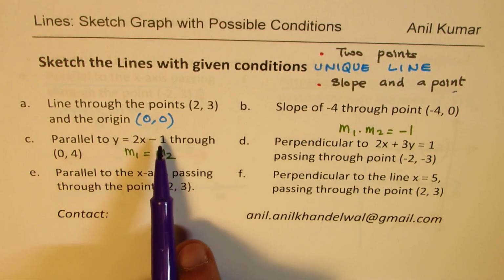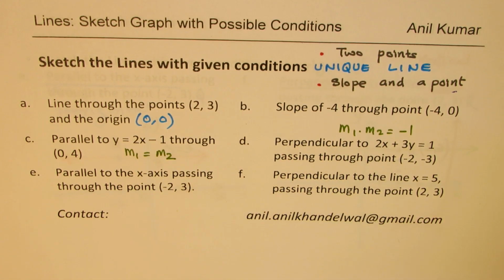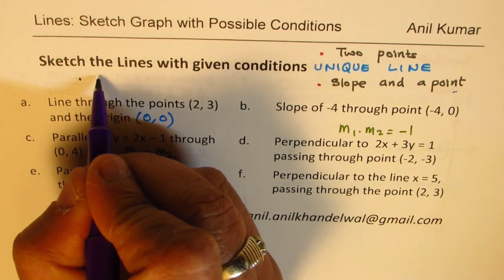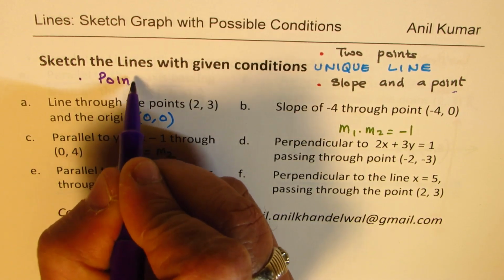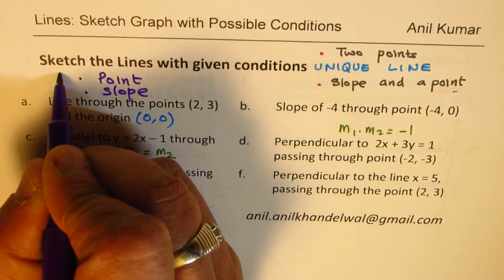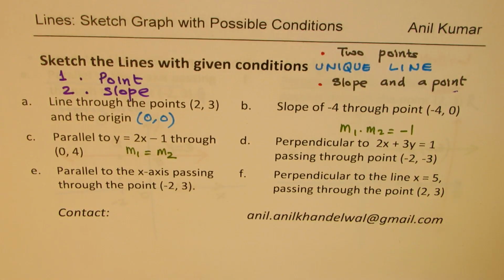Sometimes they will say parallel to, that gives you a slope. Perpendicular to also gives you a slope. Perfect. Now when you sketch a line, first thing you should look for is, first go to the point and then slope. So these are the 2 steps to be followed to sketch any line. I hope that makes sense.